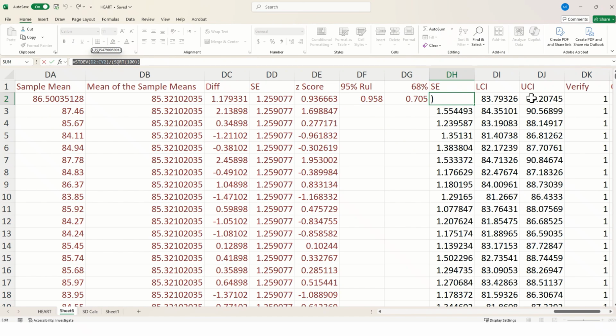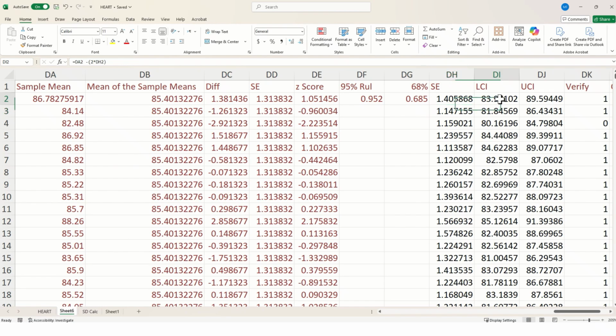And we see that our confidence interval is very nicely between 84 millimeters of mercury and almost 90 millimeters of mercury. So that's a range of something like around 6 millimeters of mercury or less.